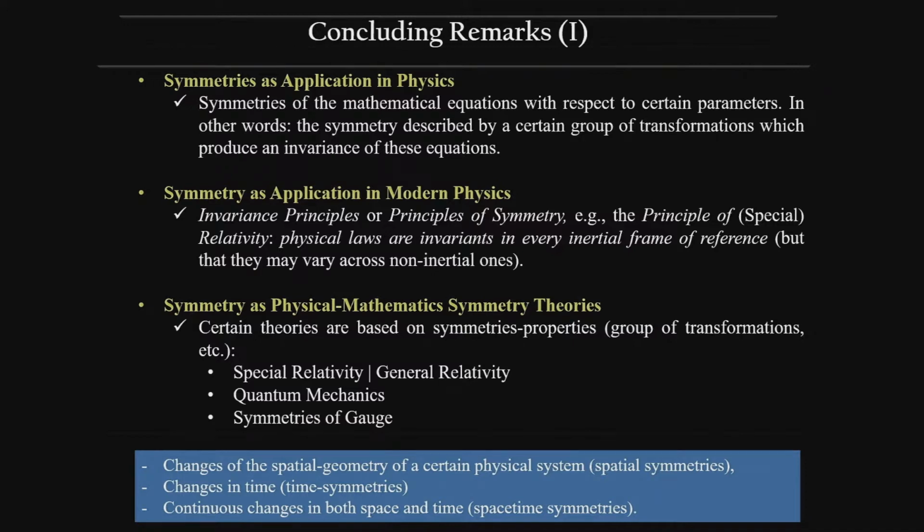Symmetry application in modern physics: the invariance principle, or principle of symmetry, says physical laws are invariant in every inertial frame, etc. This is the result of a reasoning. Certain theories are based on symmetry properties, the group of transformations, etc. If we read Noether, and we read Maxwell, and we read Einstein, we find the same.